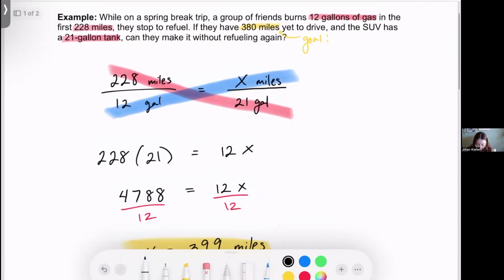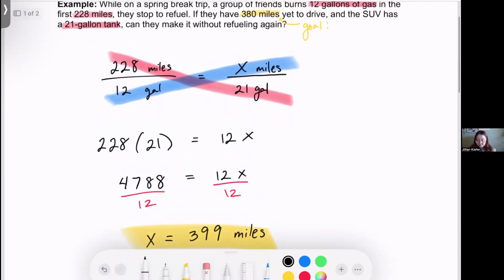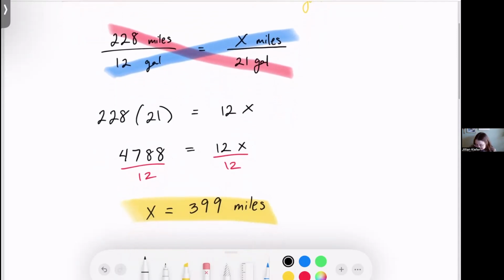So our question: could they make it without refueling again? They just needed to make that 380-mile mark, that flag there, and yes, we can. It's 399 miles. That means that we would arrive at our destination with 19 miles left over on the gallon there. So can they make it without refueling again?